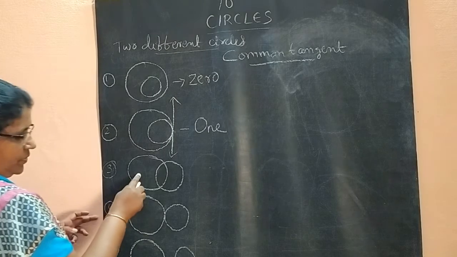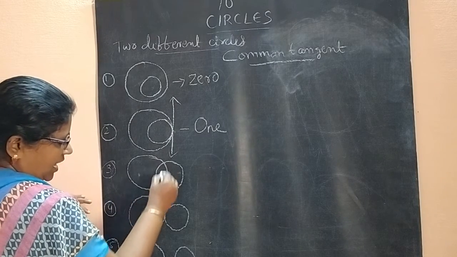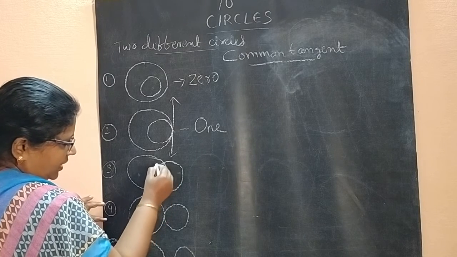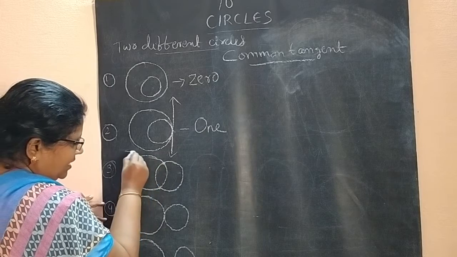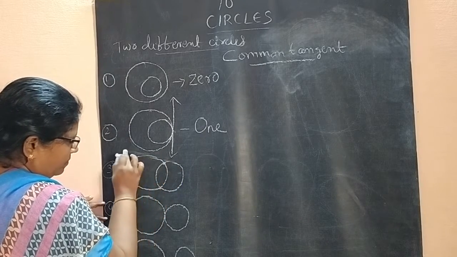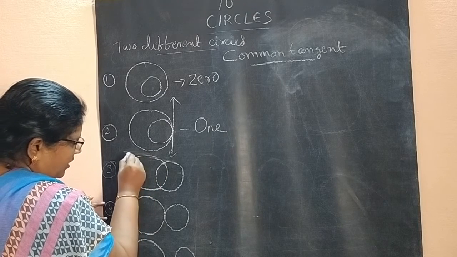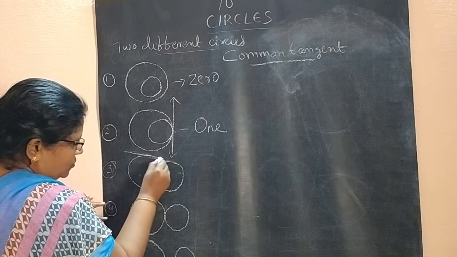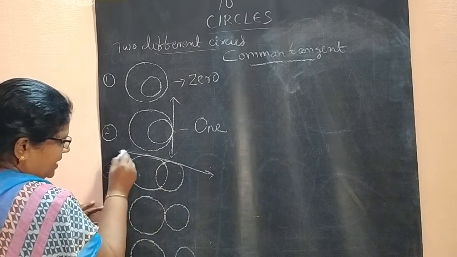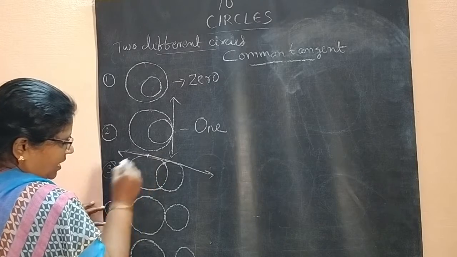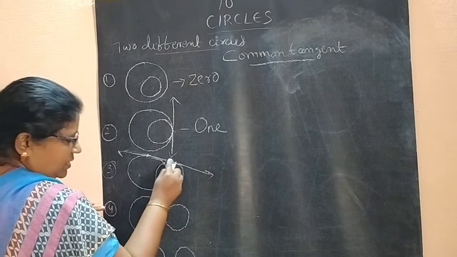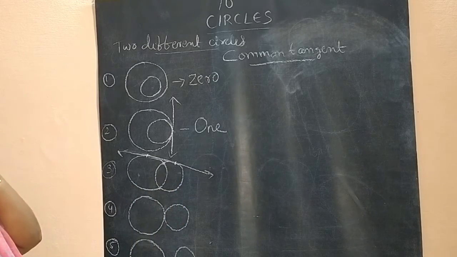In this case, both are intersecting here and here. These are our 2 points. If I draw a tangent like this, see, it is touching here, so it is a tangent for the bigger one, and touching here, it is a tangent for the smaller one.